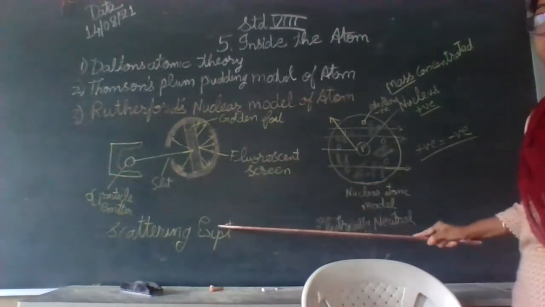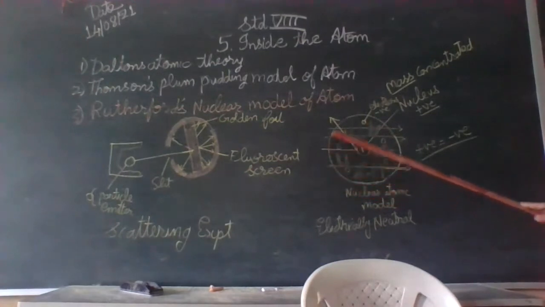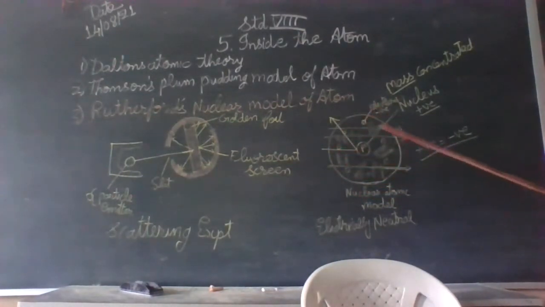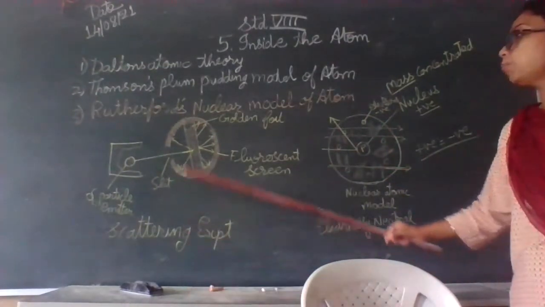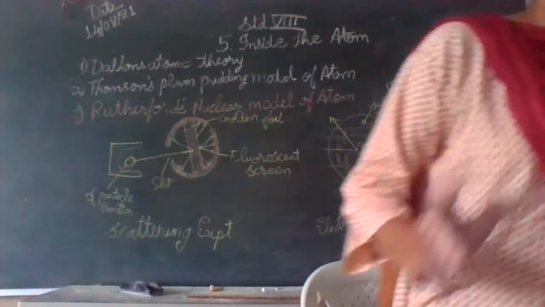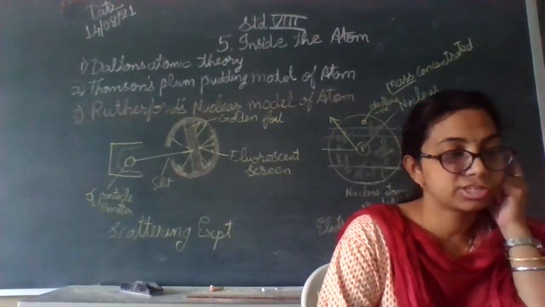Rutherford postulated that the positive charge is only at the center of the atom and the negatively charged electrons are moving with blank spaces around this nucleus. And therefore, with the help of this scattering experiment, Rutherford could prove that his postulates were correct.